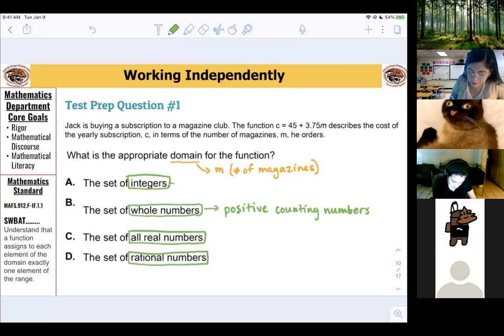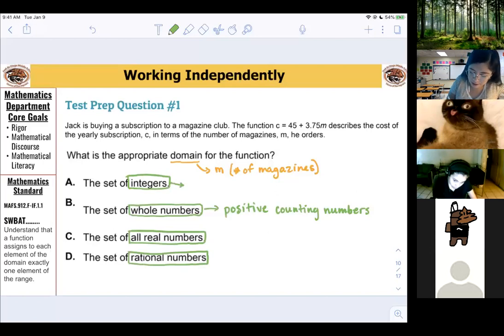Does anybody remember what integers are? I'm going to take that as a no. So integers are similar to whole numbers. They're not decimals. No. So they're very similar to whole numbers.